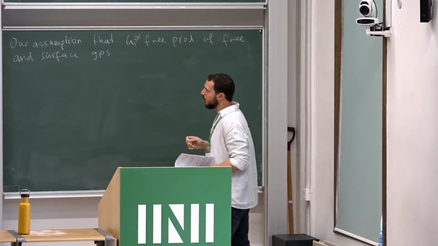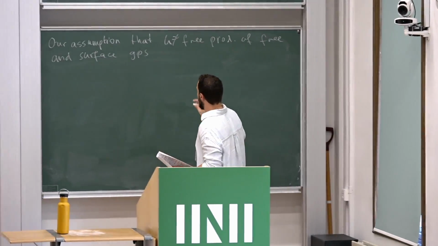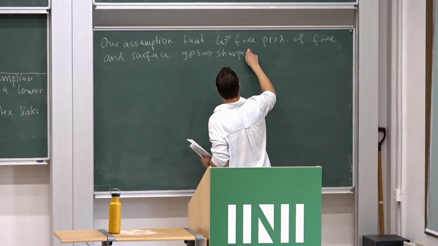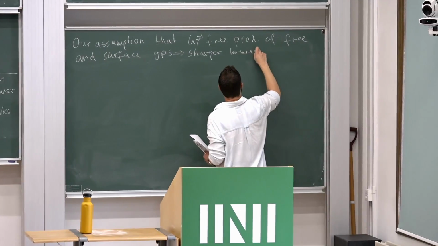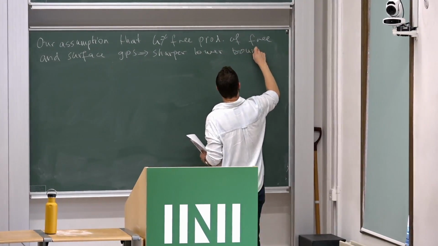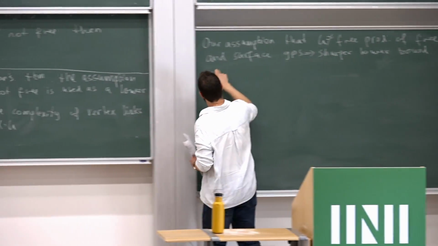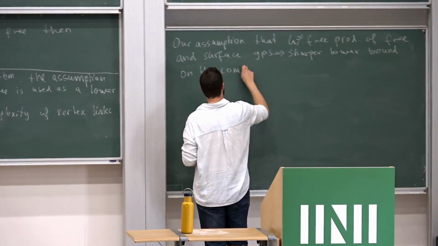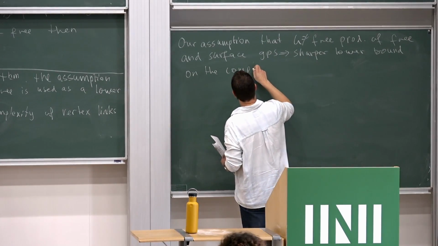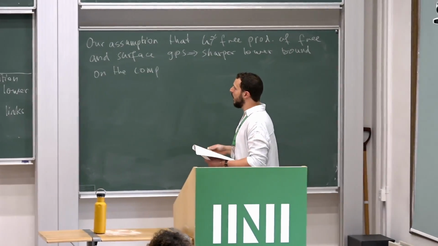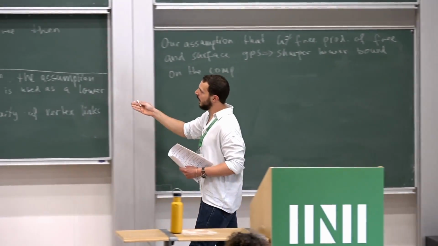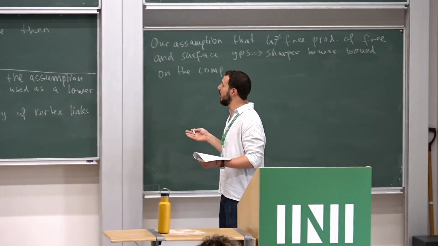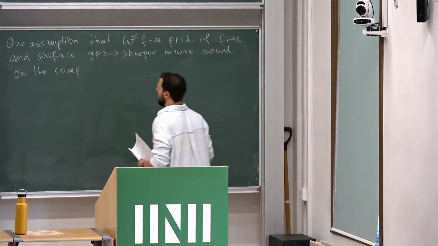So this gives us a sharper lower bound on the complexity of G. And the complexity of G can manifest itself in one of two ways. One way gives a very easy way to embed Ym into G, and the other one, that's where most of the work goes.